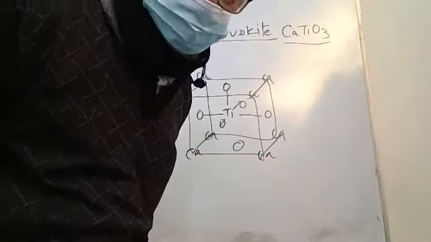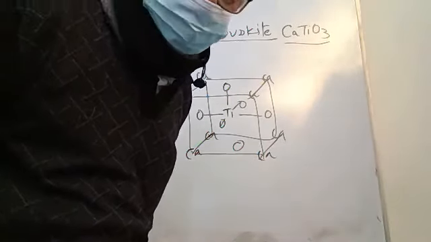This is one way of writing it. You can also write the same structure in a different way. For example, you can write the titaniums at the corner, oxygens on the centers of the edges, and calcium in the middle.